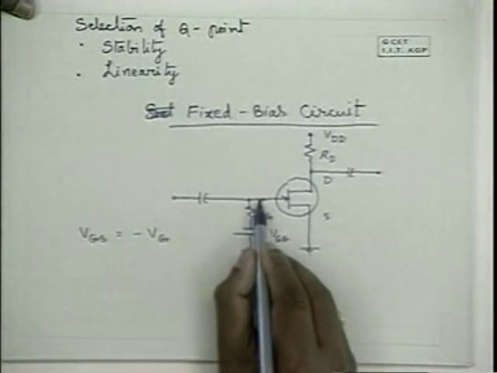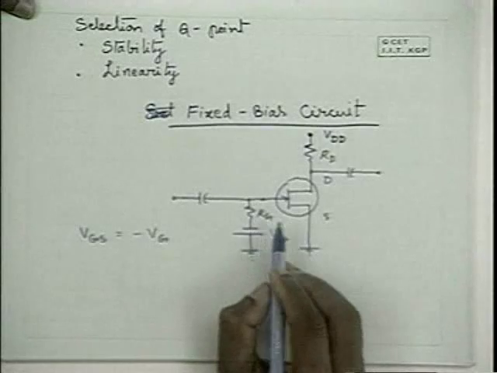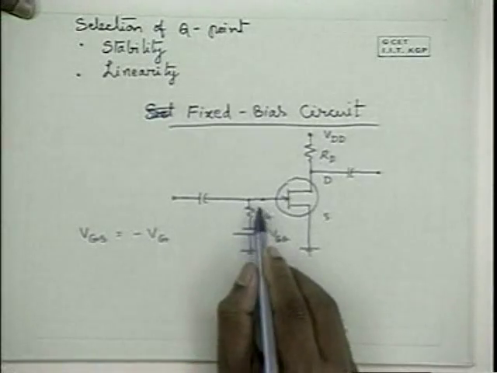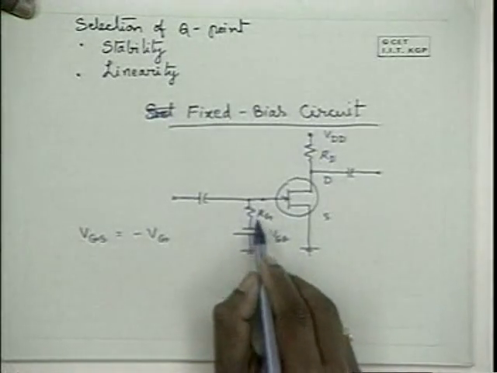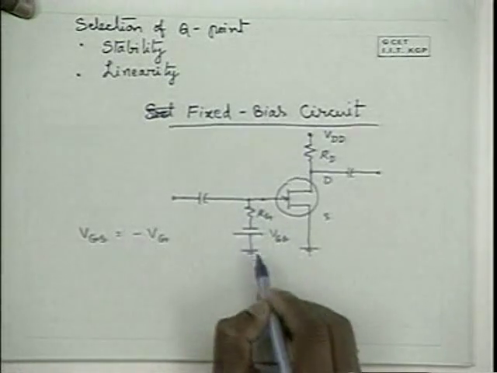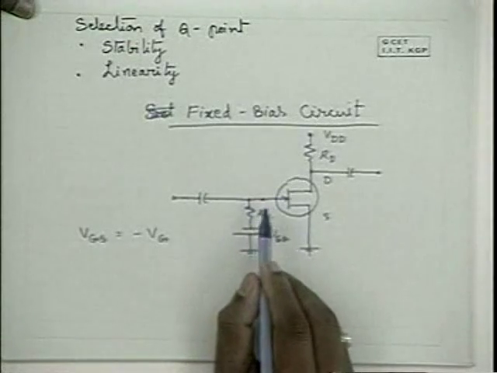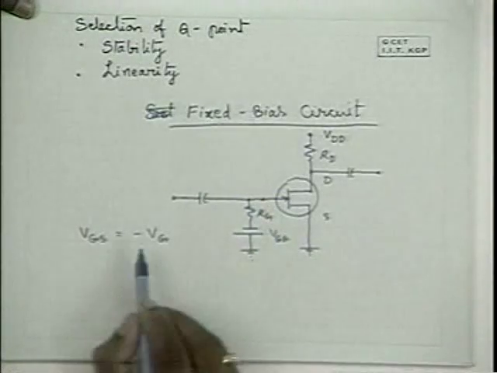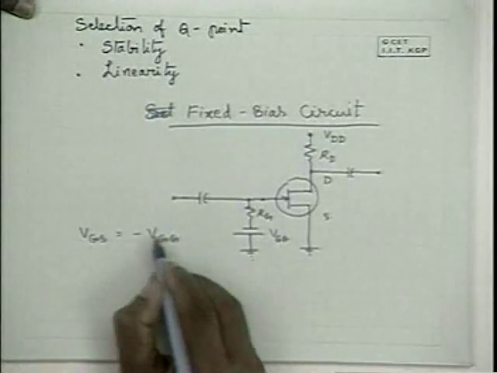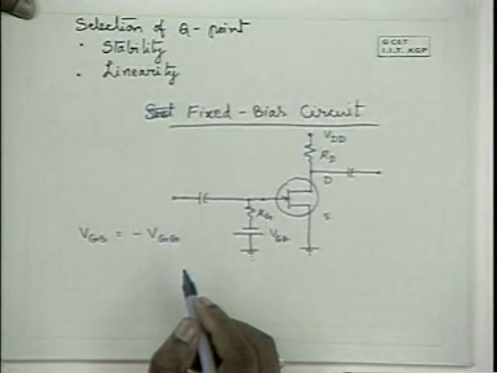The gate to source voltage is the drop across RG plus the source potential, and since the current is 0 for all practical purposes, the drop across RG is 0, hence VGS is equal to minus VGG. So if you want to apply a VGS of minus 2 volts, you simply use a VGG of 2 volts. So the biasing design on the input side is as simple as that.